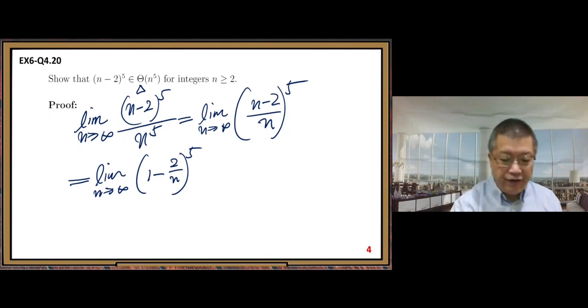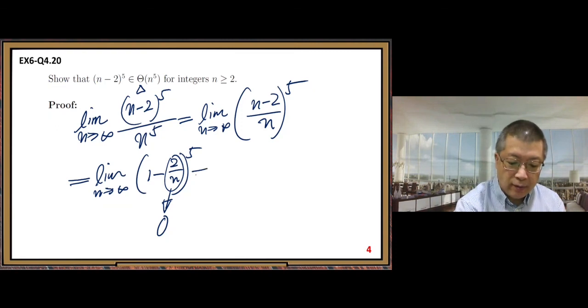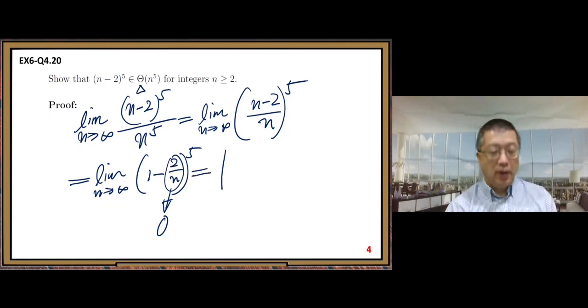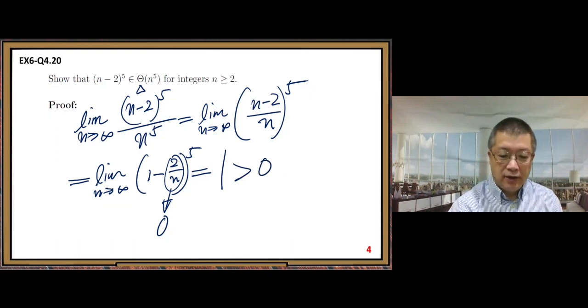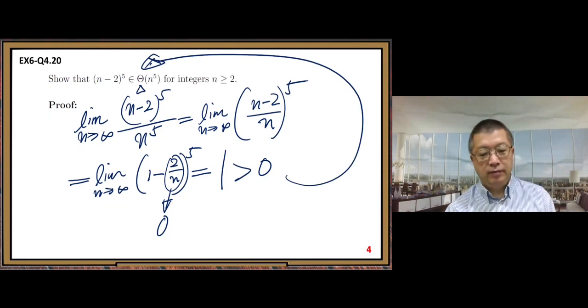When n goes to infinity, 2 over n, this fraction goes to 0. 1 minus 0 is 1, to the 5th, 1. Positive constant, so therefore big theta. If the limit is a positive constant, then it must be in that big theta. Okay, so that's the limit way.